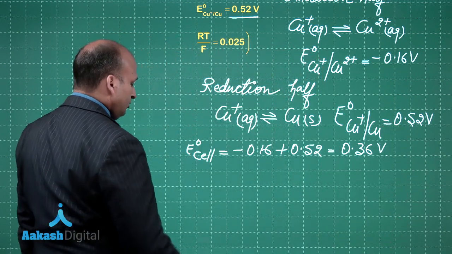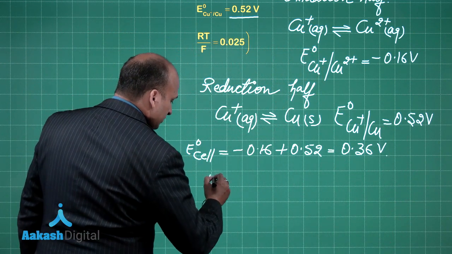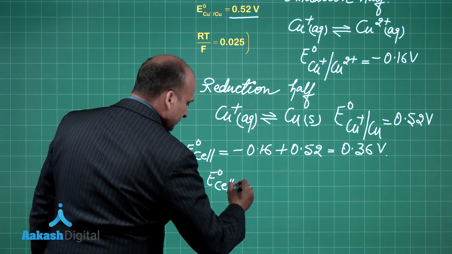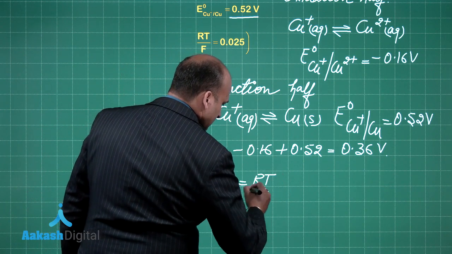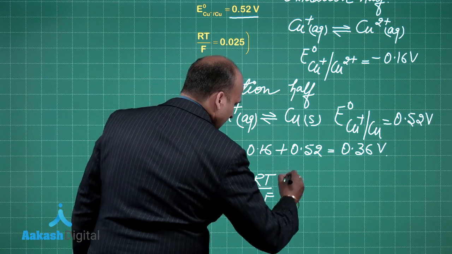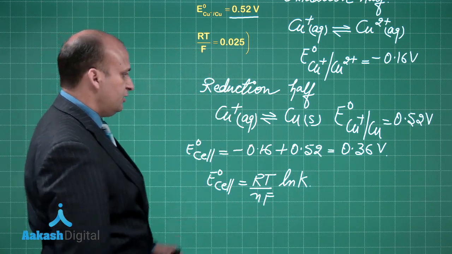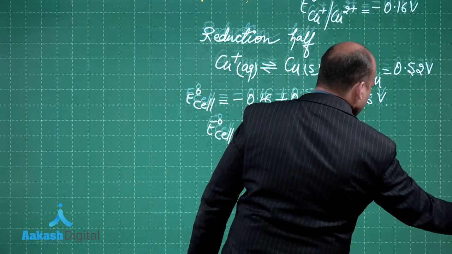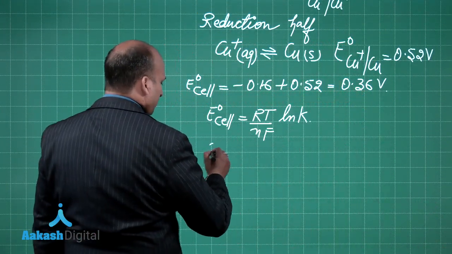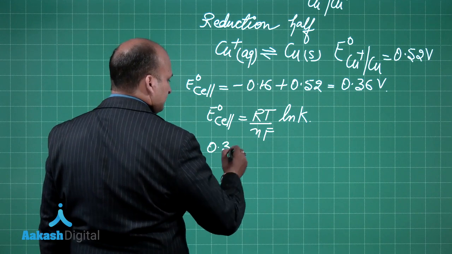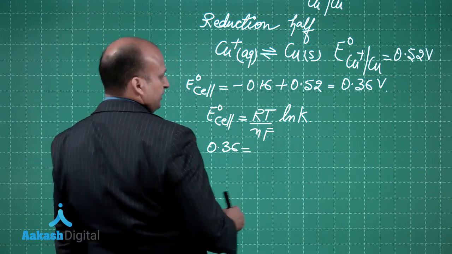Now, also we know the relation between E naught cell and the equilibrium constant is this. I have to find out ln of K. So, it will be 0.36 equals RT by NF.